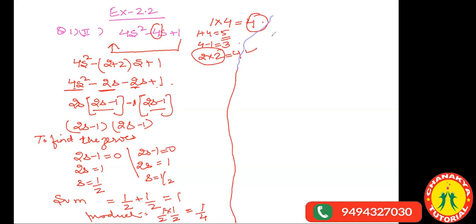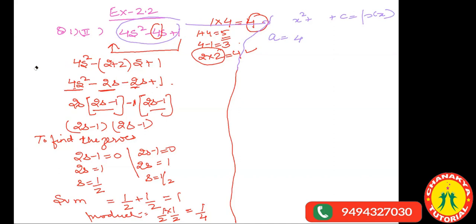Now compare this polynomial with ax square plus bx plus c. What will be the values of a, b and c? The value of a is 4, b is also 4 and c is 1. Yes, c is 1.